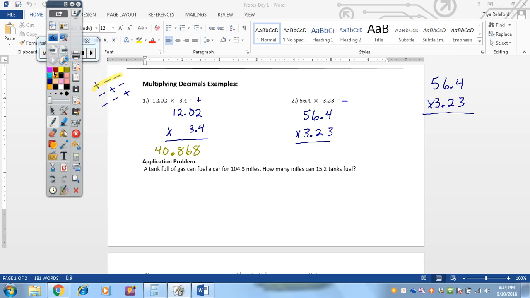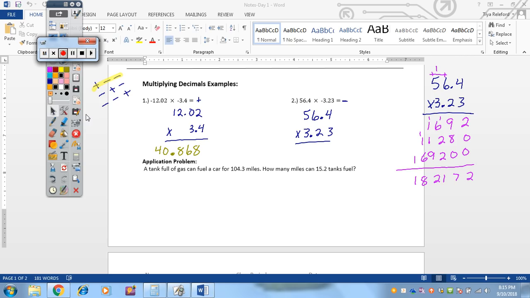It depends on how big you write. So for adding, my decimals line up. For multiplying, they do not. Again, hit pause, do the multiplication, and then hit play. Okay, so if you did not hit pause to do that, you need to hit pause now. Push pause, do the multiplication. Your answer should look like mine when you're done.